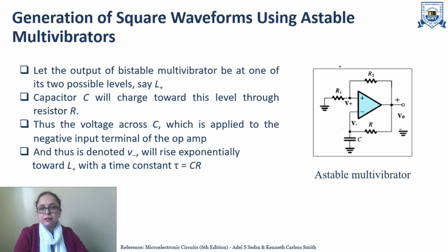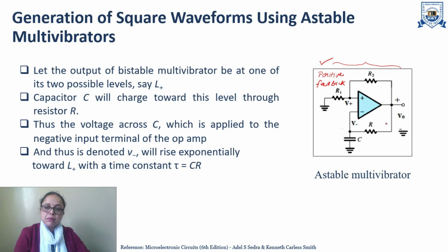This is the circuit diagram for astable multivibrator. As we can see, this triangular box is the operational amplifier, and the positive terminal of the operational amplifier has positive feedback. Here, along with the positive feedback, the R and C are connected at the negative terminal of this operational amplifier.